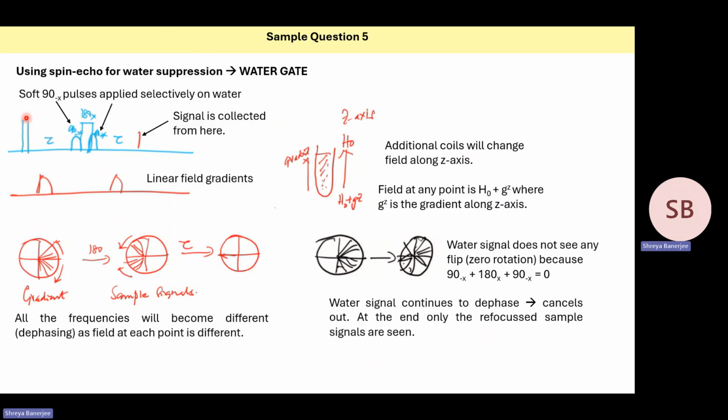Basically, you have the spin echo sequence, 90 tau, 180 tau. But along with that, you are applying certain selective pulses only on water. These rounded pulses are selective pulses applied only on water, and you also have certain field gradients.